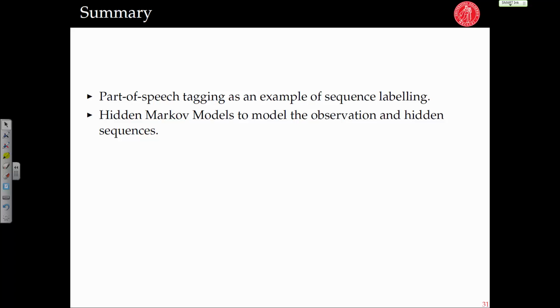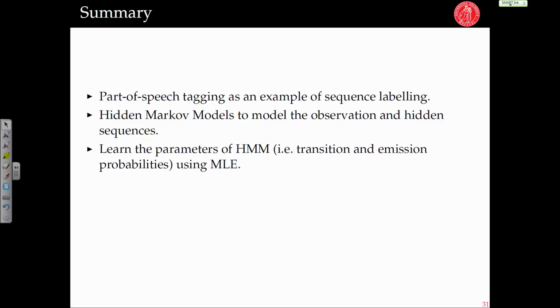The observations are the words that are observable in the text, and the hidden sequences are the tags. To learn the parameters of an HMM, meaning the transition and emission probabilities, we use maximum likelihood estimation, and we assume the existence of a training corpus where words were annotated with their part of speech. Otherwise, we can't compute anything.